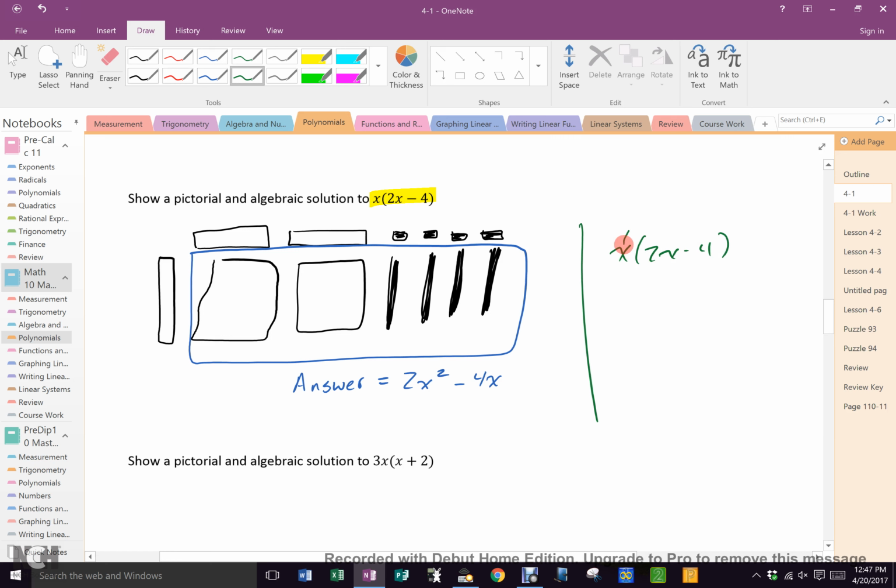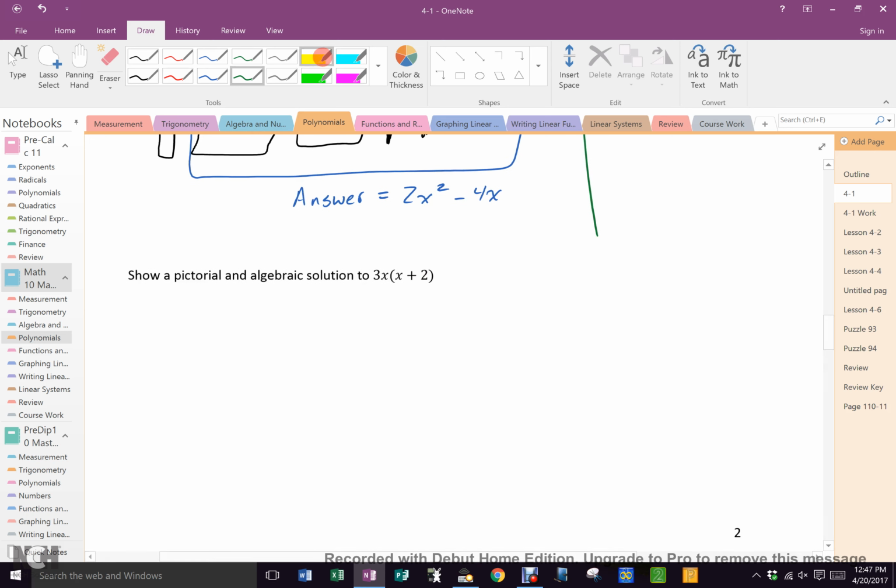Distribute. That's the coefficient. It goes there. What is 2 times 1? 2. What is x times x? X squared, because the exponents will add, won't they? We just did a whole unit on that. Minus x times 4 is 4x. Does everybody understand both? Good.